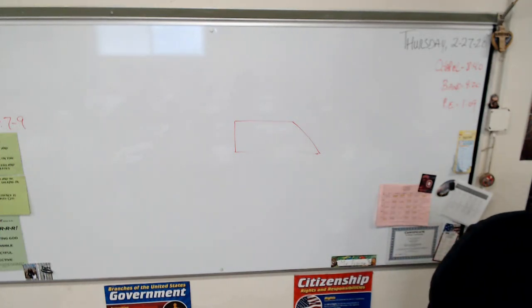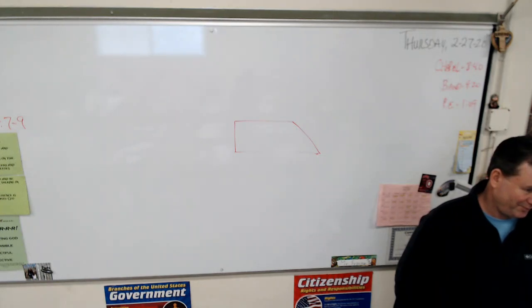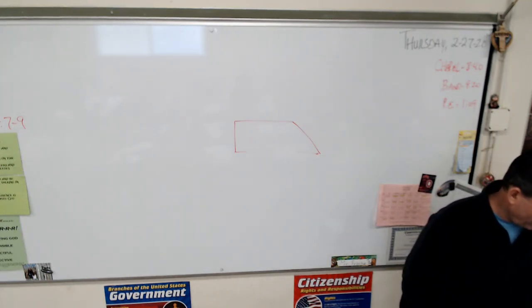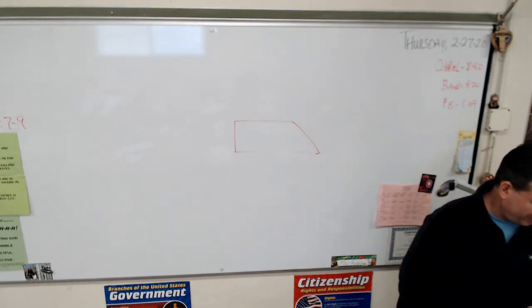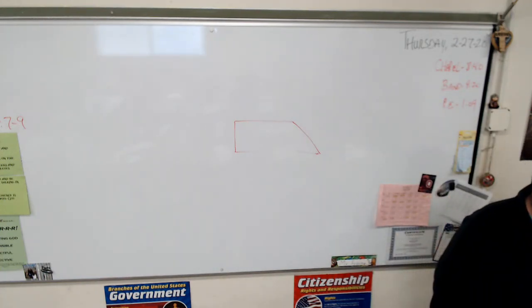Okay, number 4. What is that thing? David. You just said trapezoid. Trapezoid. Number 4, the top and bottom are parallel, the left and right are not. Casey, what is number 5? No, wait, sorry. 5 is a rectangle.